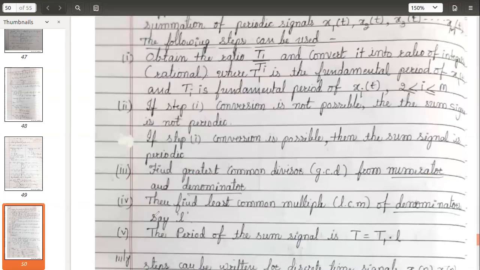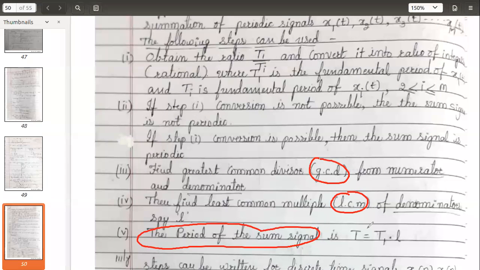So first, in the third step, find the GCD of numerator and denominator, and in the fourth step, find the LCM of the denominator. And finally, the last step, the period of your final signal x of t, that is the sum signal, is equal to T1 into this LCM. Okay, if you just multiply this LCM with your first x1 of t signal's period, you will get the total period of your signal x of t.